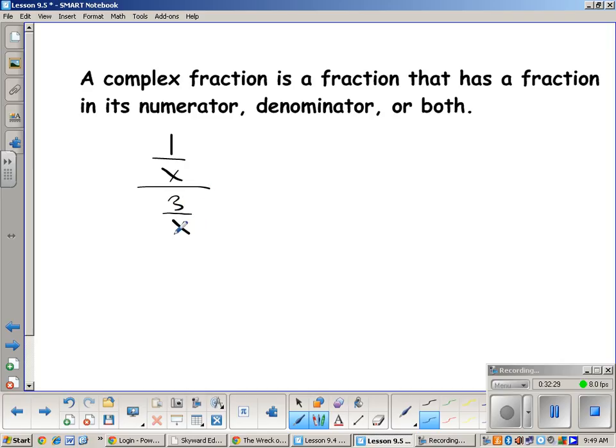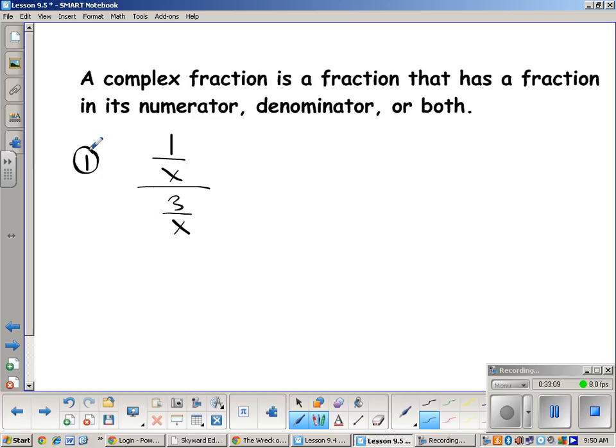This is the concept. Just make up something really simple here. One over x over 3 over x. So we have a fraction within a fraction, right? Fractionception.